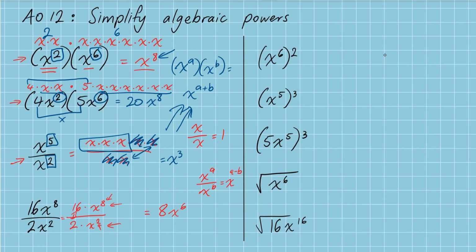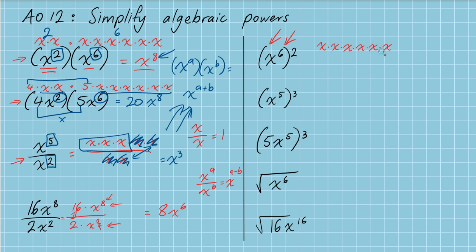This question over here: x to the power of 6, to the power of 2. Okay, right. That's crazy. Let's write this out. X to the power of 6 looks like this.